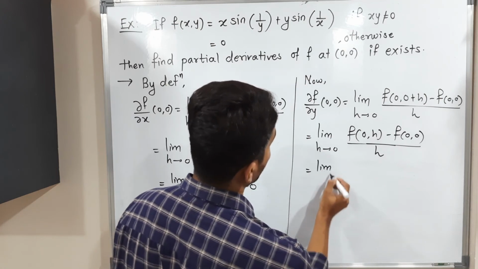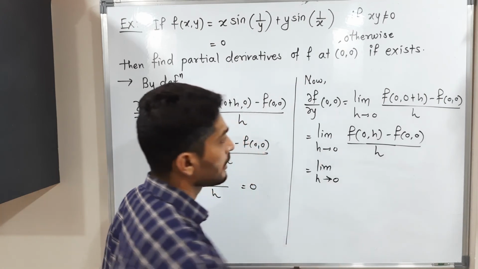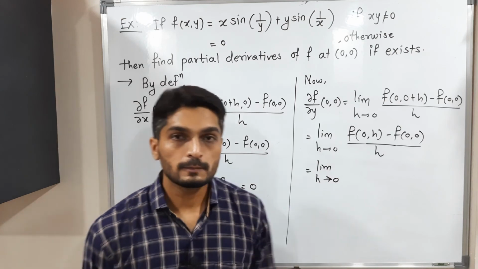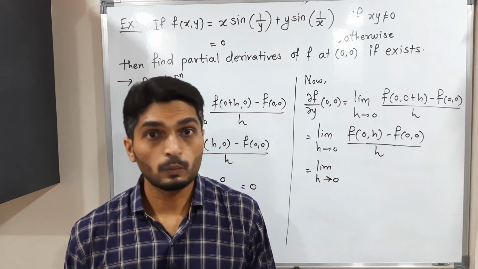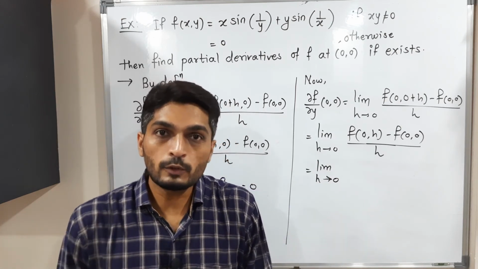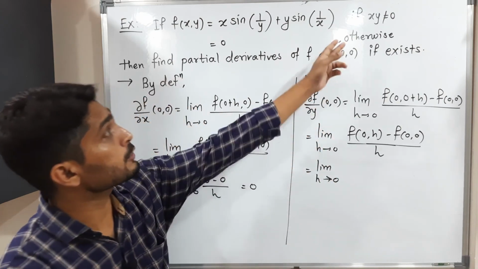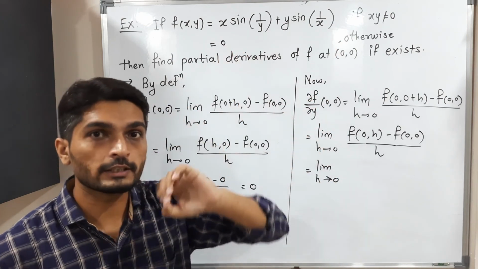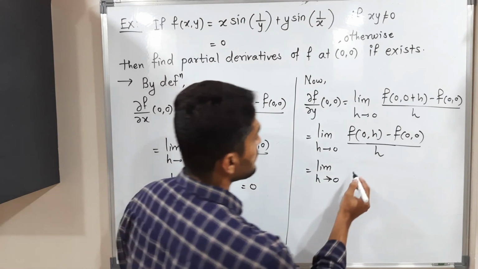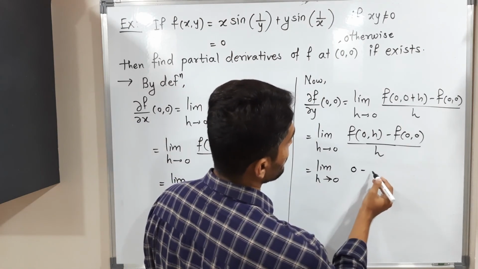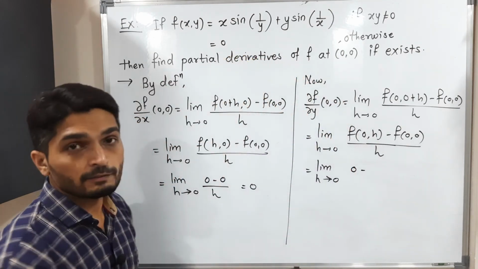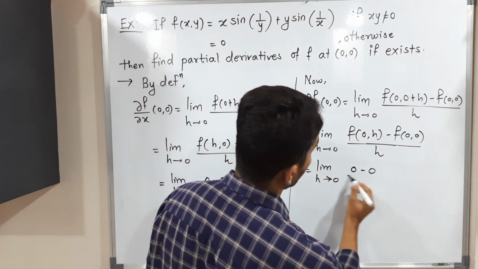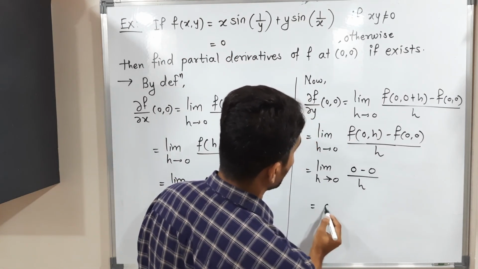So limit h tends to 0. See, what is x here? 0. What is y? h. What is their product? 0 into h is 0. So that means I should follow the second definition again, and it gives us value 0. So 0. Here also 0 into 0, 0. So that's why by second definition value 0 divided by h. So obviously its value is 0.